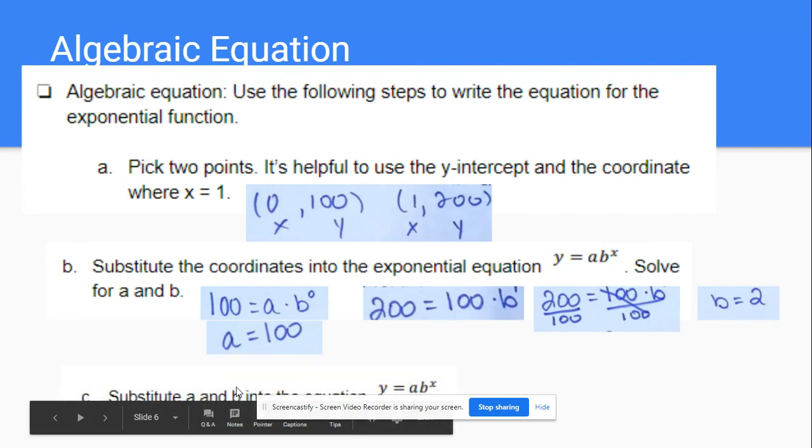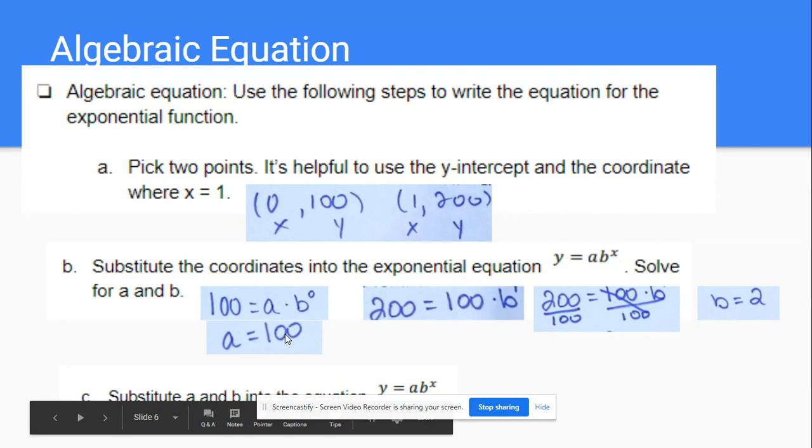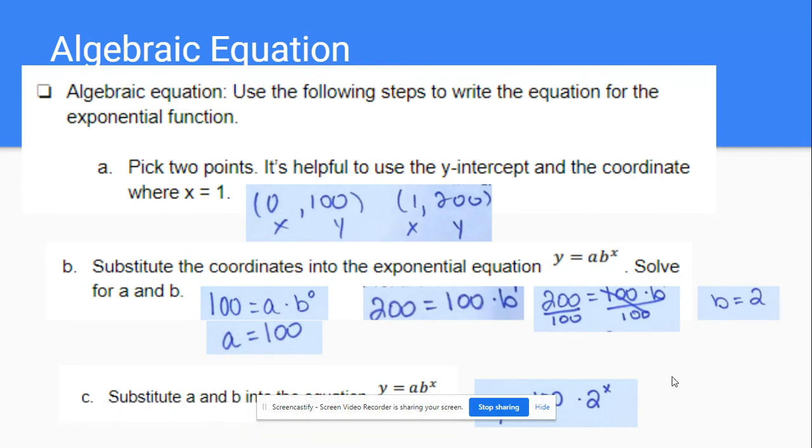We need to now substitute a and b into this equation. y equals a times b to the x power. The value of a we know is 100. The value of b we know is 2. So if I go to rewrite it, I have 100 times 2 to the x power equals y. And that is the equation for this exponential function.